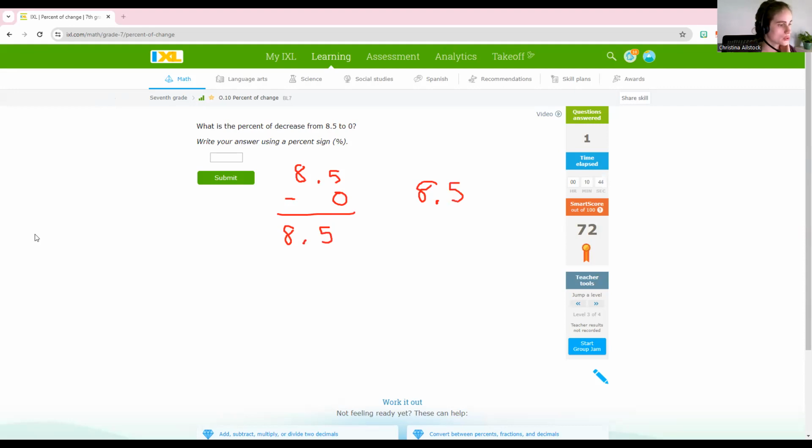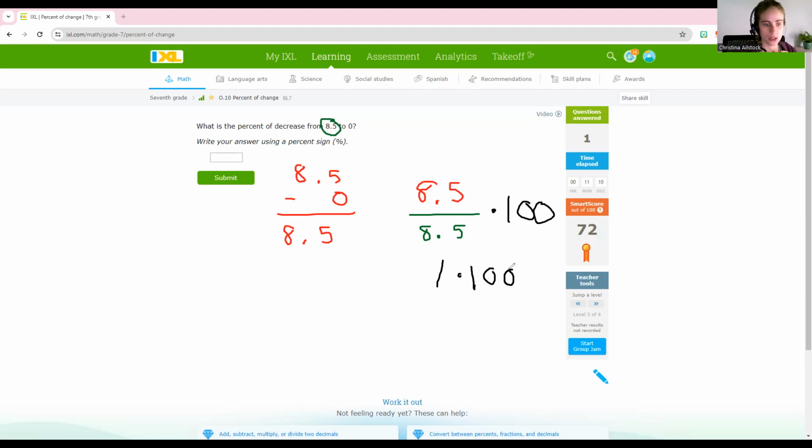And we are going to divide that by the original starting value. It started here at 8 and 5/10. And then when we are done with that division, we'll multiply by 100 to get our answer as a percent. What do we get when we take 8 and 5/10 divided by 8 and 5/10? We get 1.